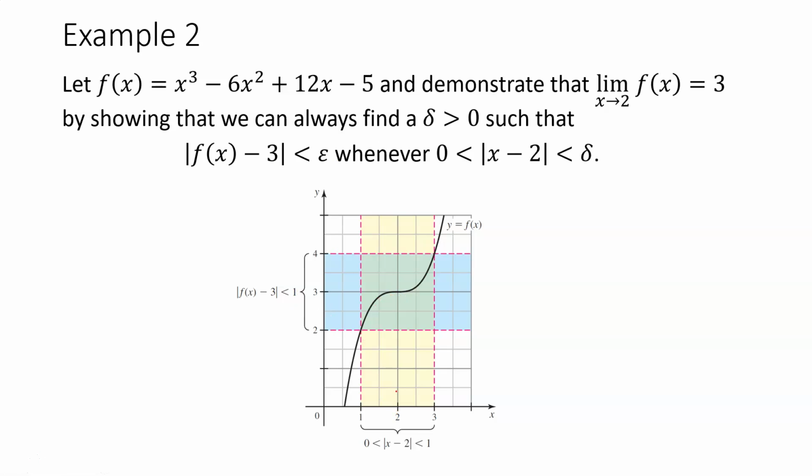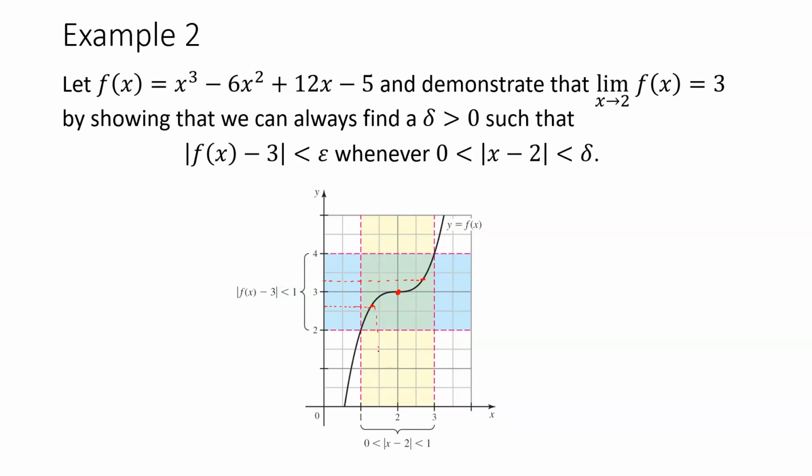And we can see clearly in the graph that at x equals 2, the function value is 3. And if I build a little window around 3, then I can close in on the function values that correspond to any little window I want to build around 3.